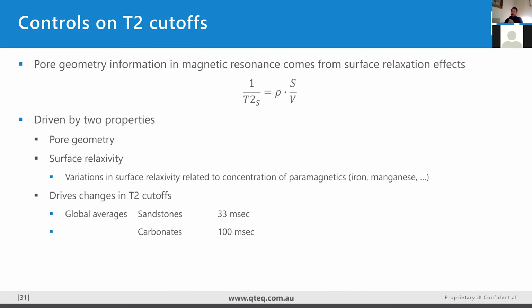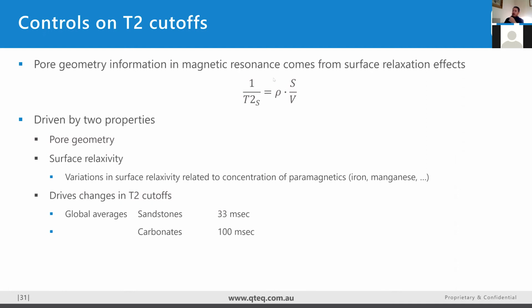One example where they worked through a full BMR analysis was on one project where they used BMR to help define their resource. I mentioned before that total porosity and our T2 distribution is a lithology independent measurement. Our cutoff for the definition between bound and free water, though, is based on the lithology.